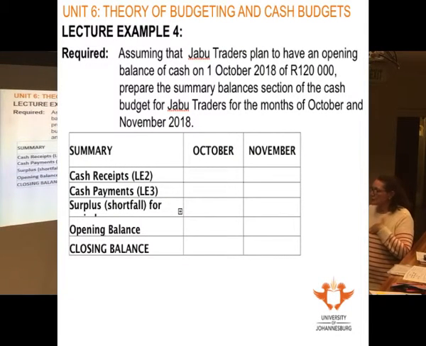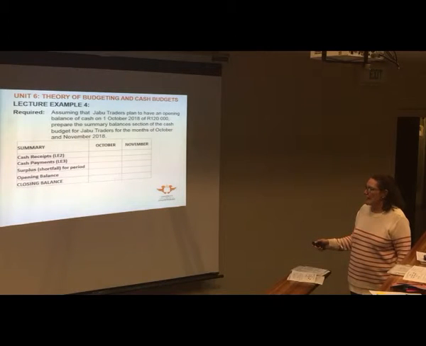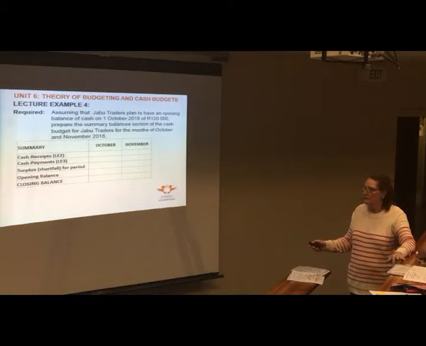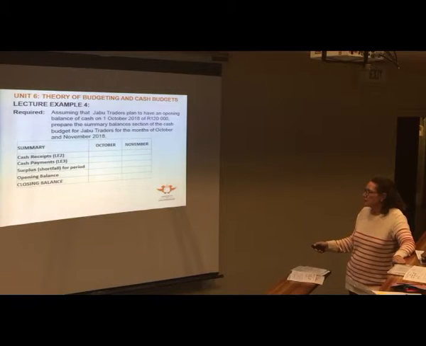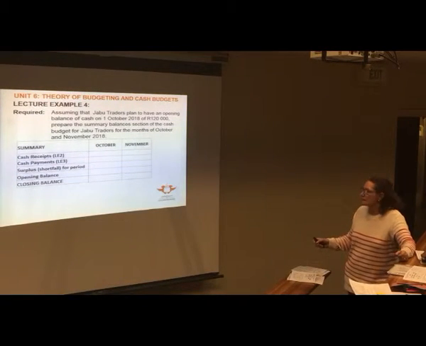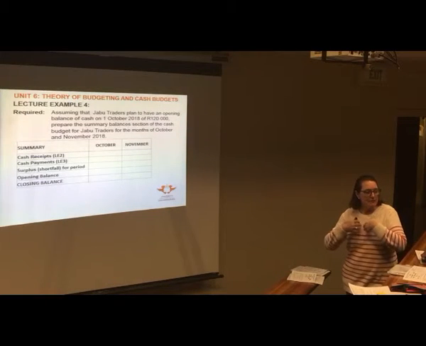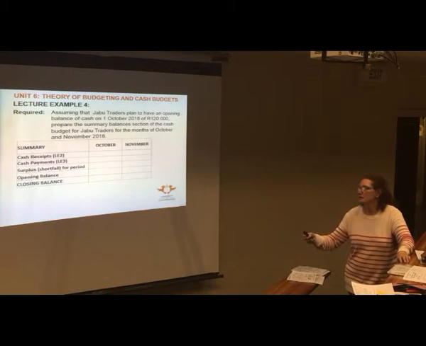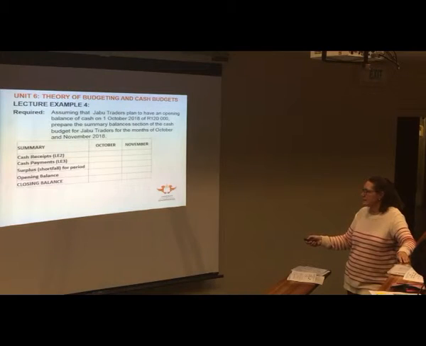So from lecture example 2, you're going to put in the total cash receipts for October and November as a plus. And from lecture example 3, you're going to put the total payments as a minus. Because the receipts are cash in, the payments are cash out. Then you're going to take that minus that and get your surplus or shortfall for the period.